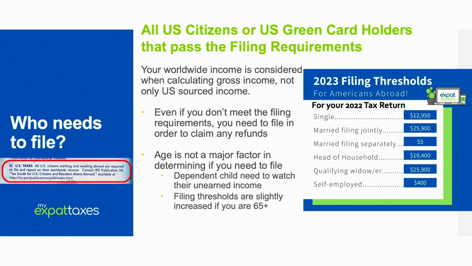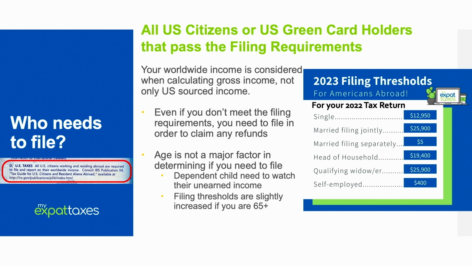Continuing on, even if you don't pass the filing thresholds, you might still want to file a tax return. This goes very much for 2020 and 2021 tax returns. Even if you don't make enough money to legally have to file a tax return, you might want to get a refund. Like I said, there were stimulus payments that were paid out in those years.